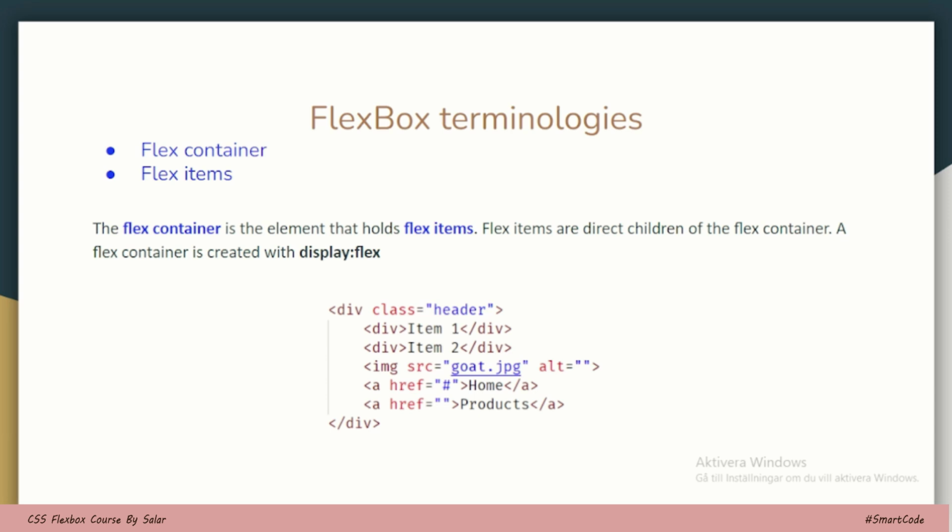So now to convert this header container into the flex container, we'll apply display flex on it using the CSS. So as soon as we apply display flex on the container, all its direct children will become flex items. So these 5 elements which we have inside the container will convert themselves into flex items because they are direct children of the container.